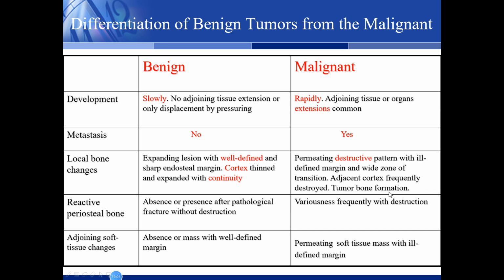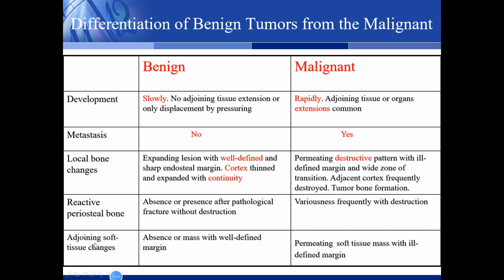Tumor bone formation. The reactive periosteal bone: in the benign tumor, periosteal reaction is absent or present after pathologic fracture without destruction. In the malignant tumor, the periosteal reaction shows variousness, frequently with destruction.